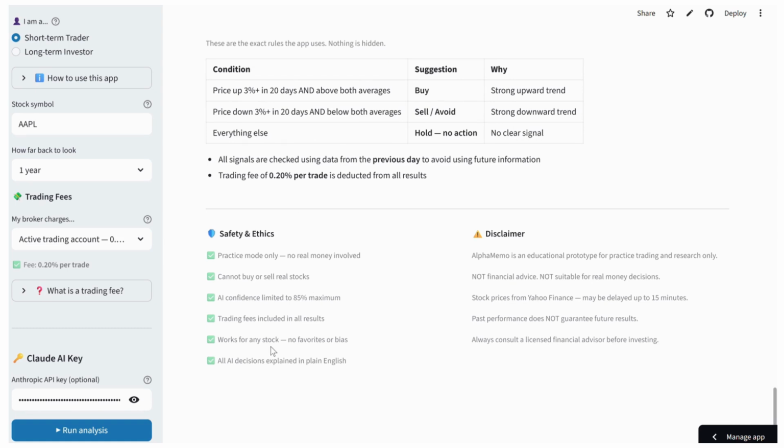At the very bottom is the safety and ethics checklist. Every item here is built into actual code, not just words on screen.